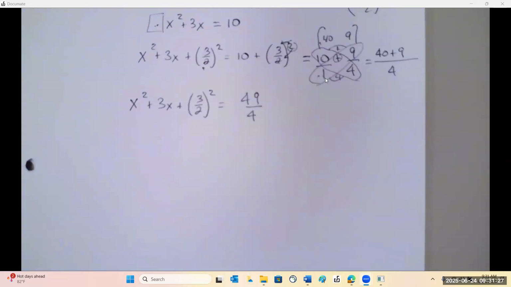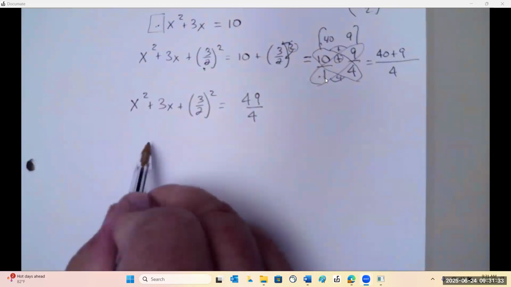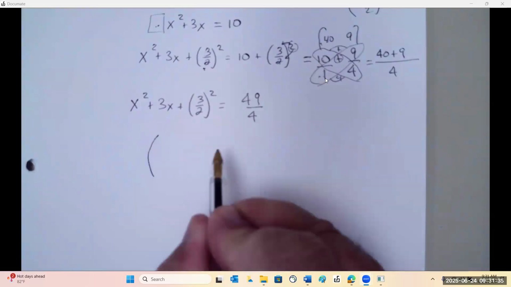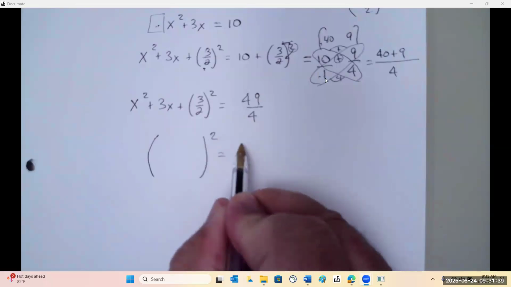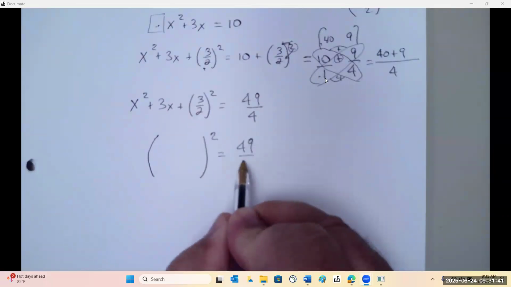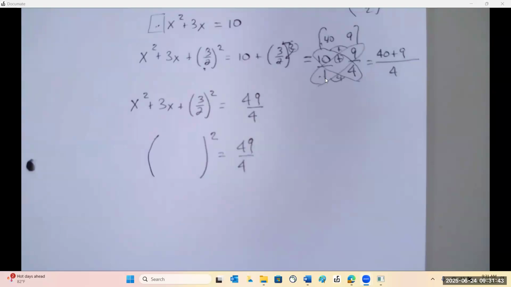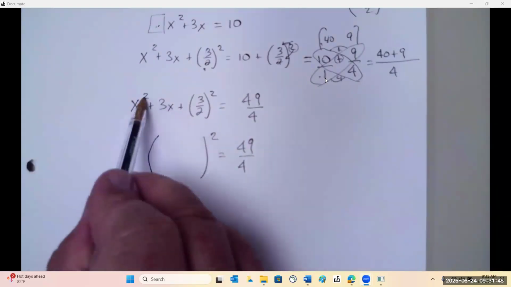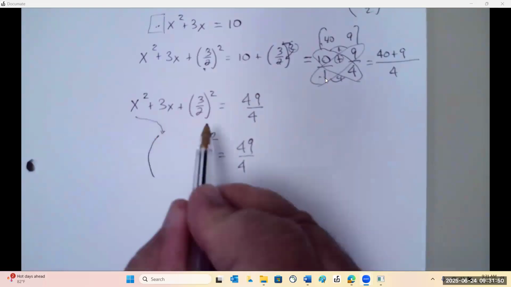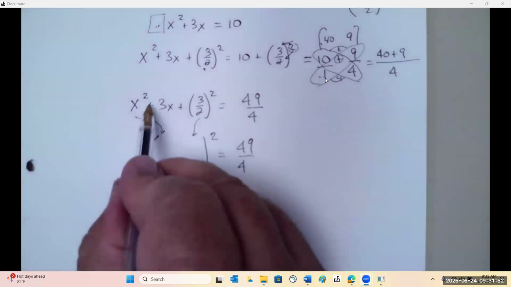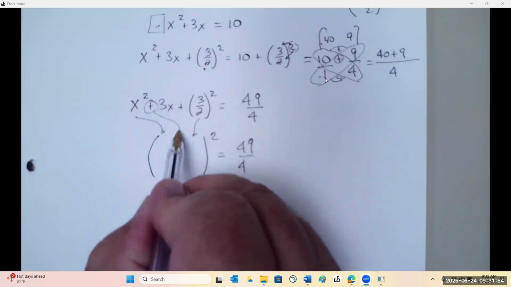All right, now what do we do? Now we have to complete the square. On the left-hand side, whatever is under the square goes inside the parentheses with the first sign.